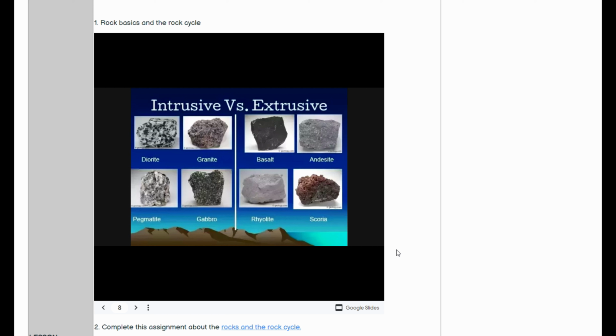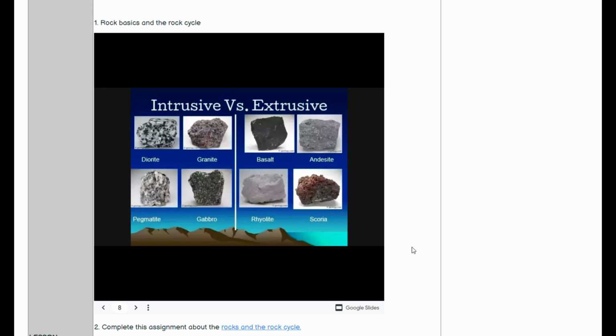Here are some examples of intrusive rocks versus extrusive rocks. Again, you not only need to know the types of rocks, but you will also need to know their classification, whether they're intrusive, extrusive. And then also, you'll see on the last slide of the day that you're going to have to be able to give them a classification by the type within the umbrella of igneous rocks as well.